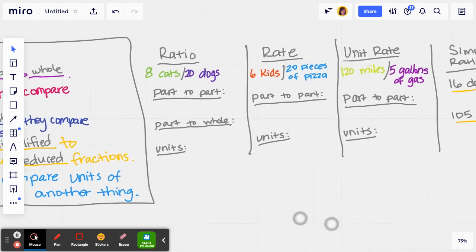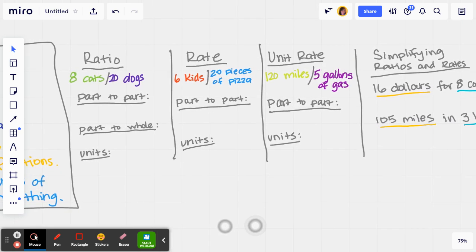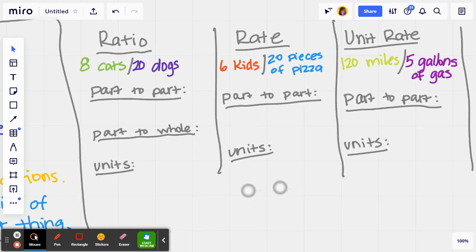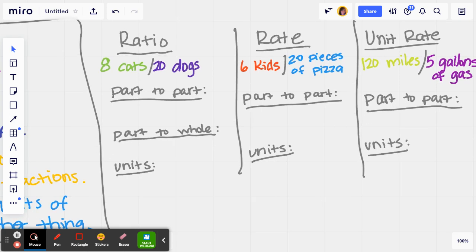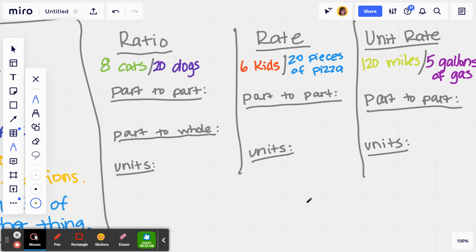Let's just review some ratios, rates, unit rates, etc. So if we're looking at a ratio, we have 8 cats and 20 dogs. What would be a part-to-part ratio? A part-to-part ratio for 8 cats and 20 dogs would be 8 over 20.